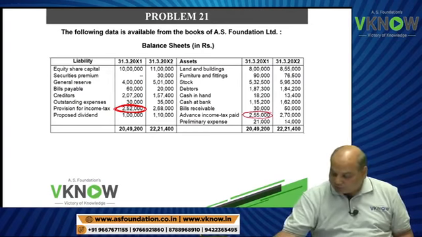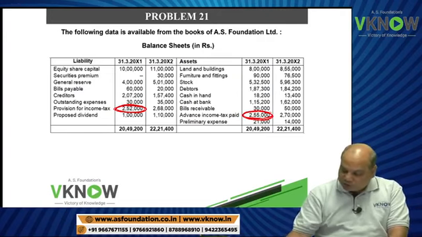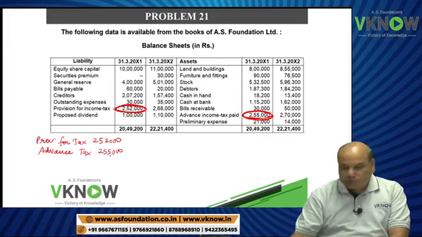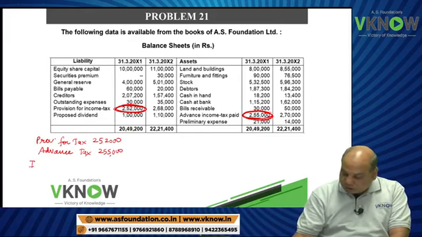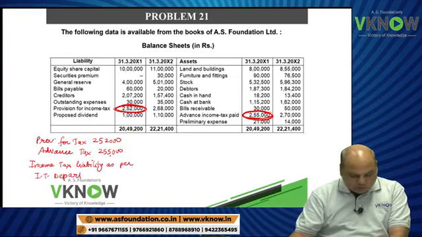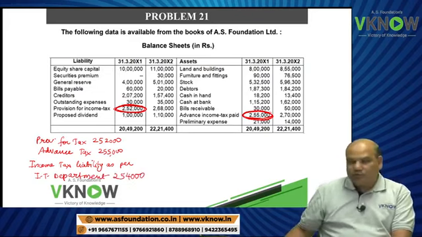Last year provision for income tax 2,52,000, and last year advance tax paid 2,55,000, and income tax liability as per income tax department is 2,54,000.